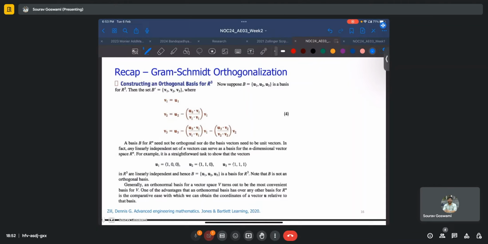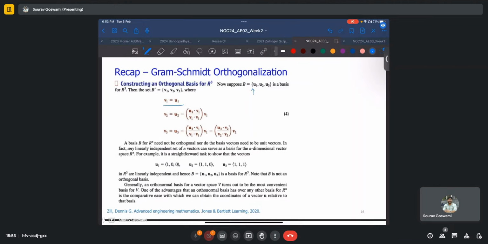Suppose you are given any set B consisting of three vectors u1, u2, u3, which you already know is a basis for R3. To be a basis, they must be linearly independent, and secondly, they must span the space. Once they are a basis, we can have an orthogonal set B prime consisting of elements v1, v2, v3 such that v1 is the same as your original element u1, you leave it unchanged.